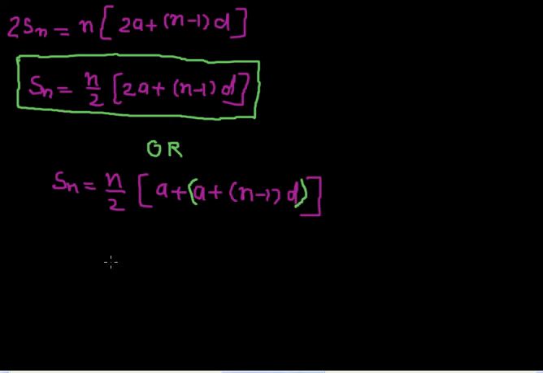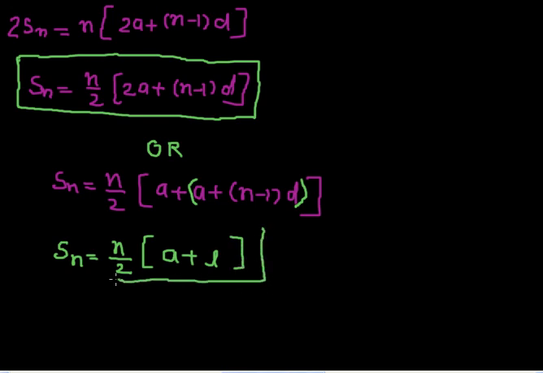The nth term. So I can write this formula as Sn is equal to n by 2 into (a plus l), where I denote the nth term as the last term l. So it becomes the new form of the sum of n terms. Here we have two formulas. First one is Sn is equal to n by 2 into (2a plus (n minus 1) into d), and Sn is equal to n by 2 into (a plus l), where l is equal to the last term.